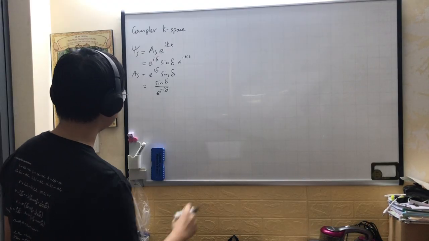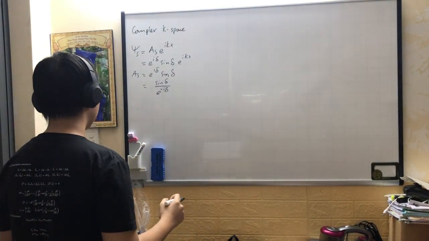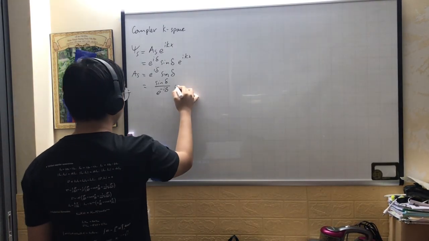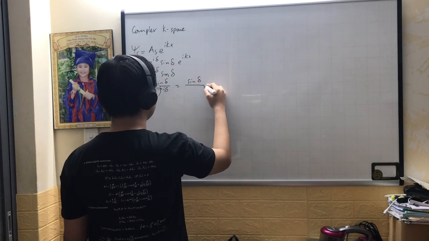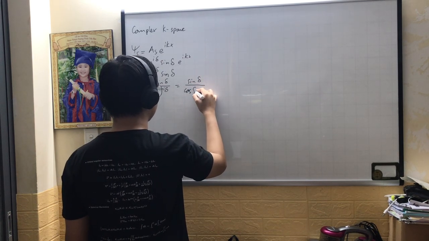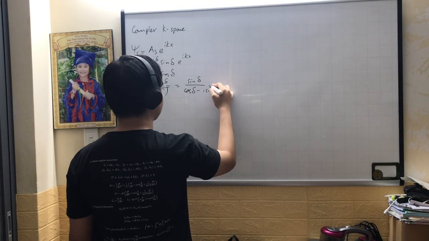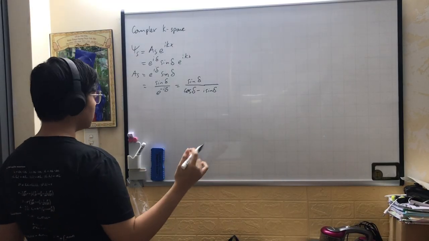From this, you have your e here, you can expand it into the form of sine and cosine. That would be over cos δ minus i sin δ.